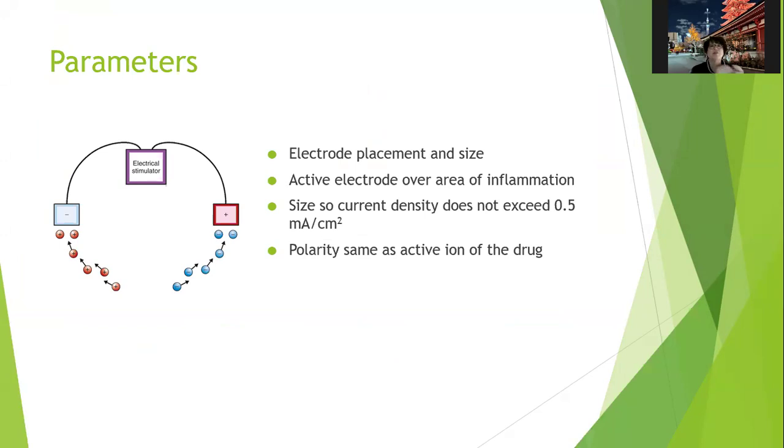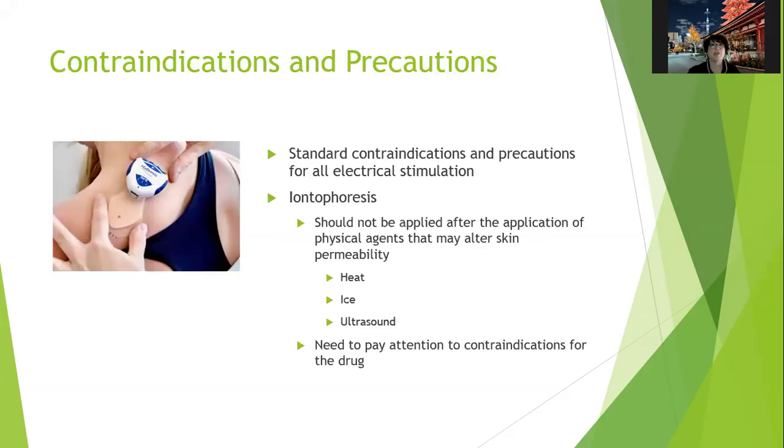You want to choose the electrode size so the current density does not exceed 0.5 milliamps per centimeter squared. Most ionto electrodes are the same size, so you don't have a lot of choice in electrodes. And make sure your polarity is the same as the active ion in the drug. So other than just a few little parameters, it's a pretty easy application.